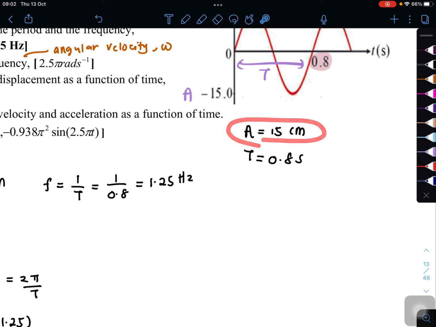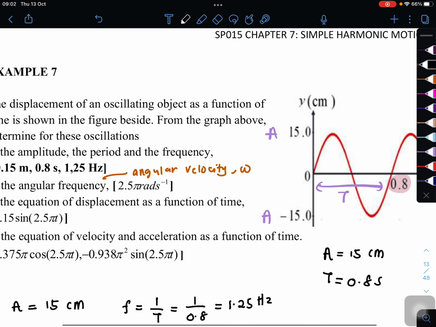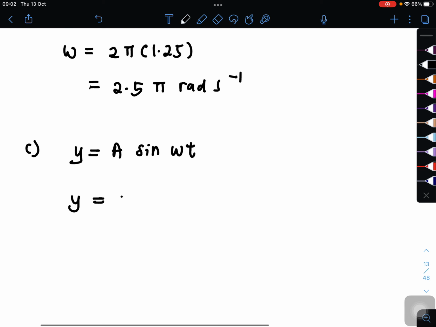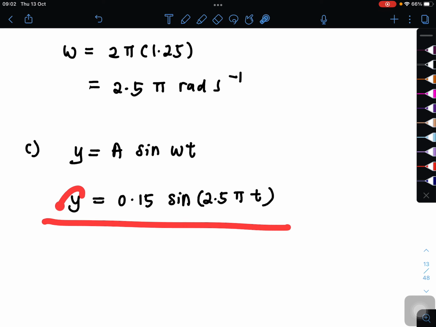So we convert it to meter, which is 0.15 sin, omega is 2.5 pi t. So this is the equation of y as a function of time.